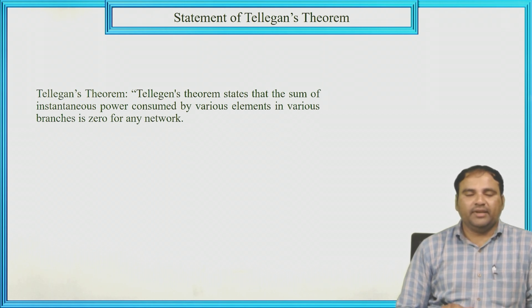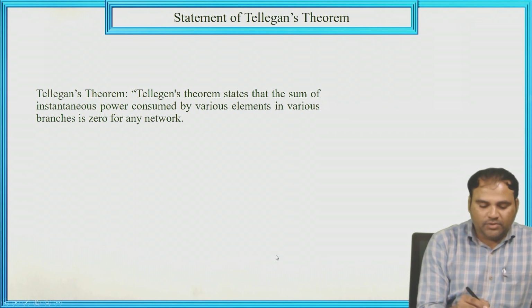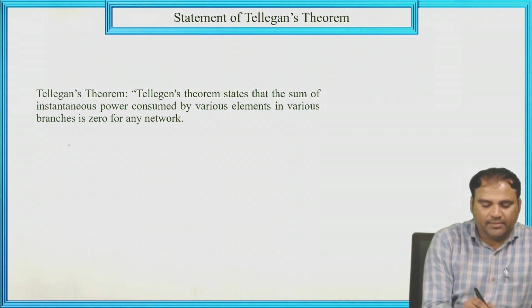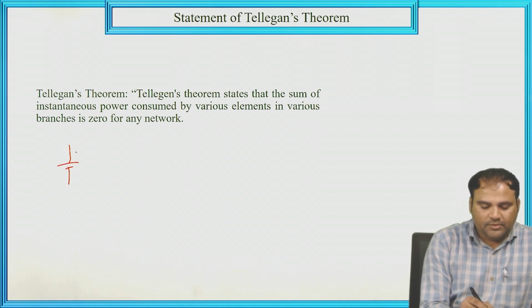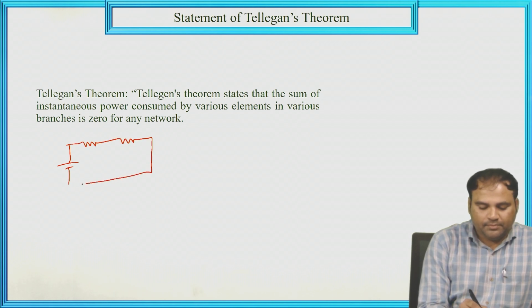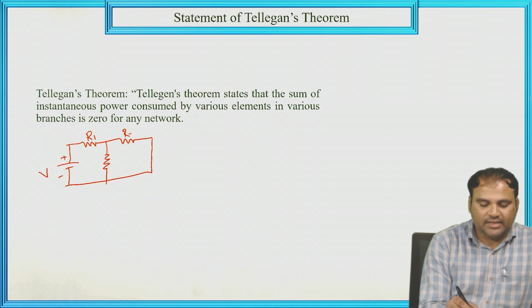For example, I am taking one simple circuit here. Plus minus voltage is V. This is the resistor R1, this is the resistor R2, and this is resistor R3.